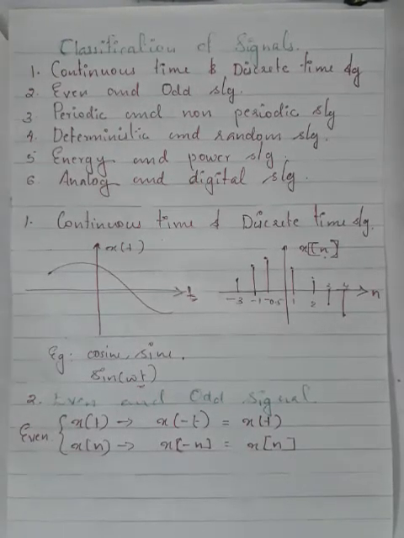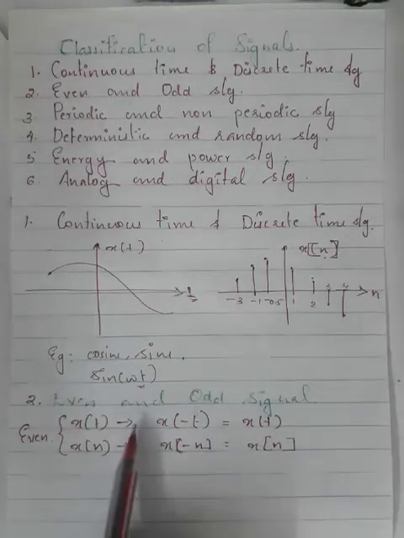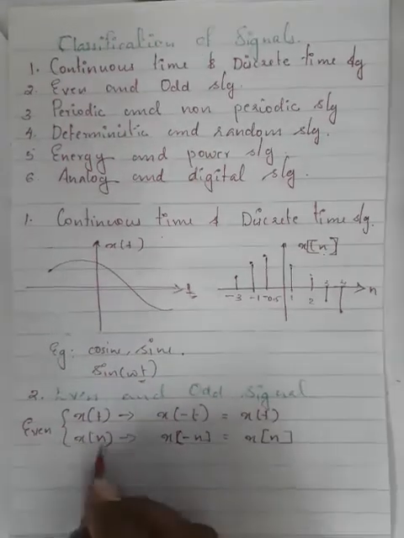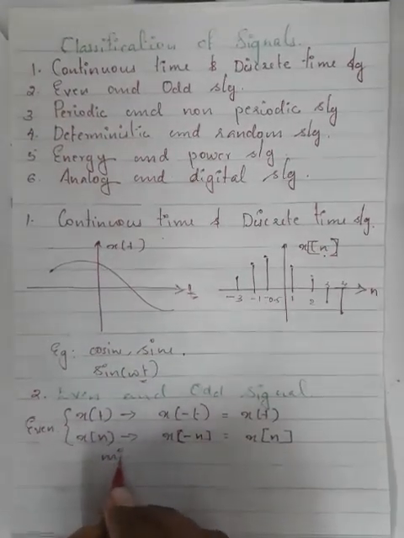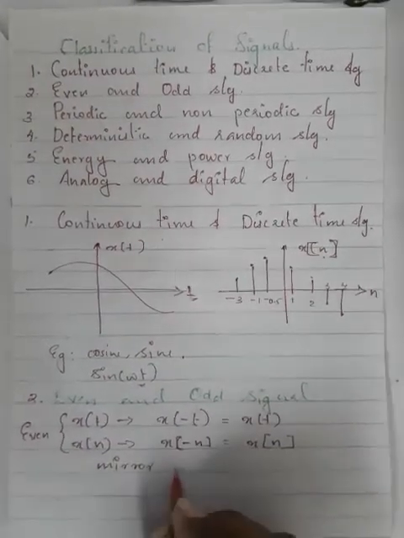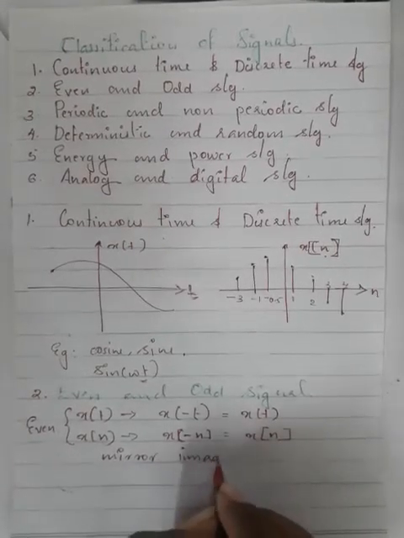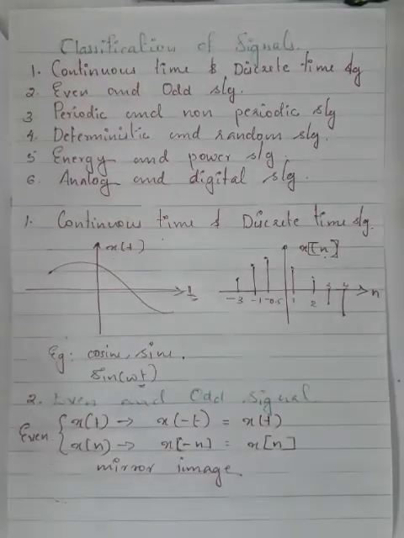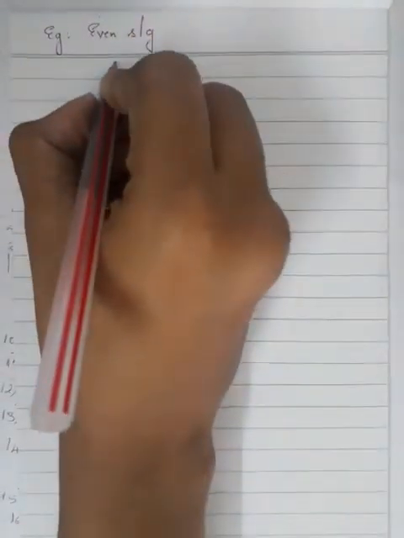That is known as even signal. Let us see how an even signal is represented. An even signal is said to be a mirror image. So let us draw an example of an even signal.